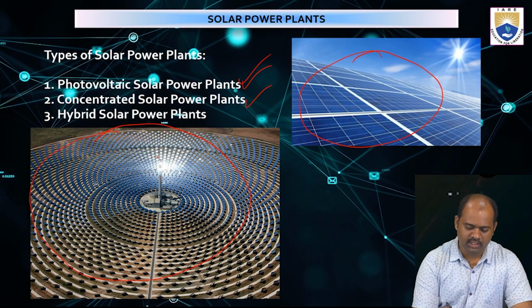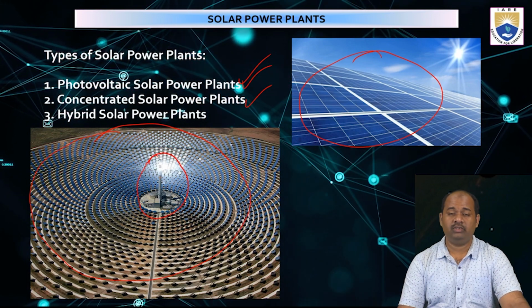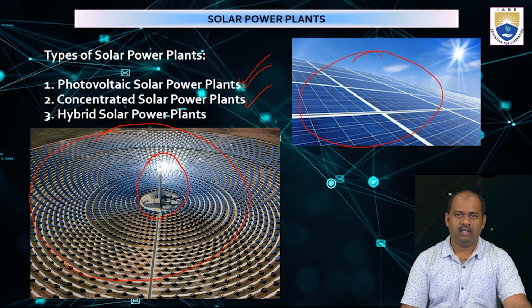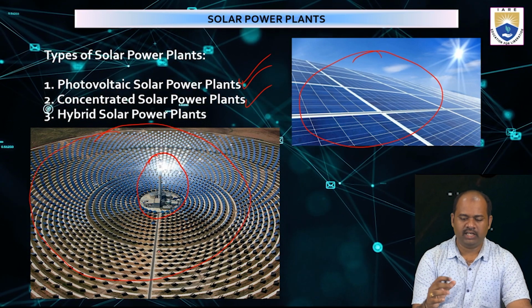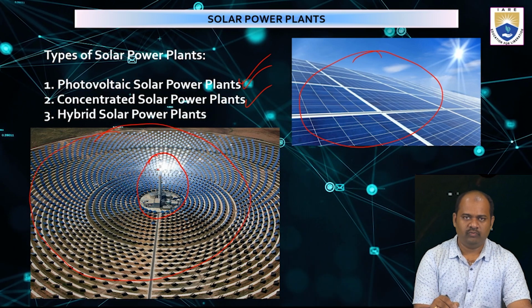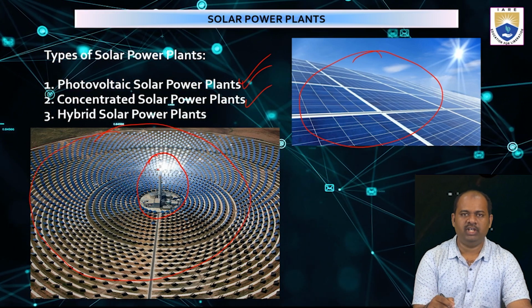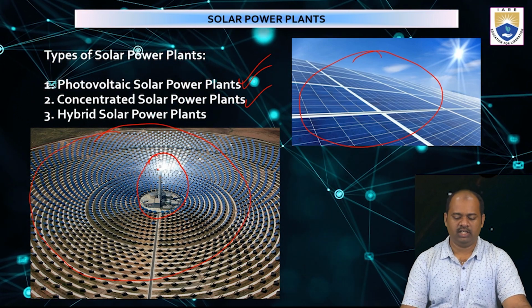In the center, we can see a tower on which we have a photosensitive element. Whatever radiation falls on these mirrors is reflected directly to the center of this tower, where the solar energy is converted into electrical energy.